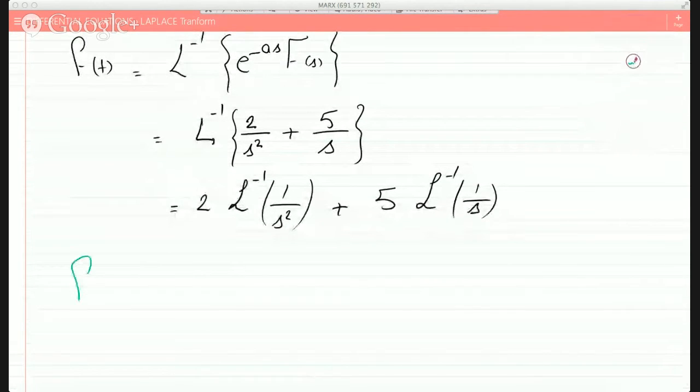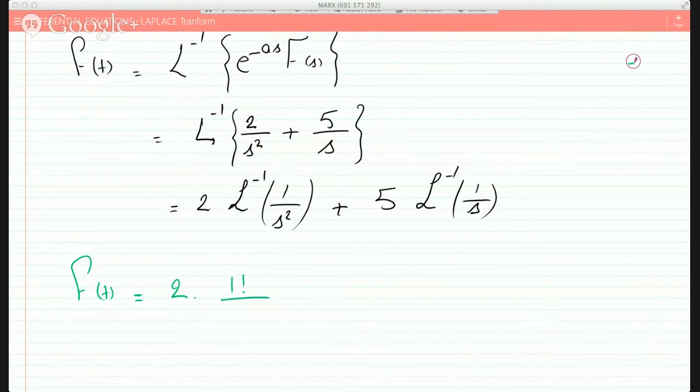So f of t equals 2 times, look, this is in the form of s to the n plus 1. In this case, n plus 1 equals 2, so n equals 1. So this will be 1 factorial over, because it's 1 factorial. So this is going to be t to the n, because this is 1 over s squared. And n is 1, so this is just going to be t.